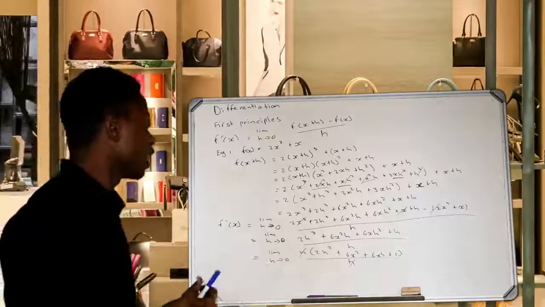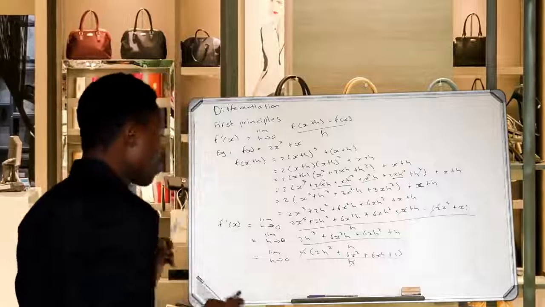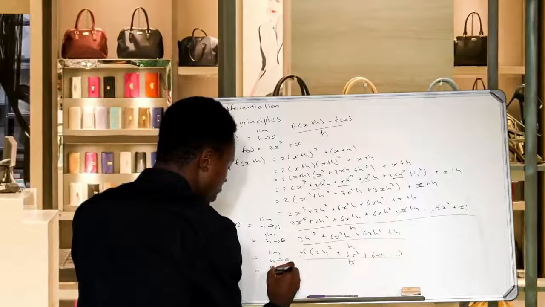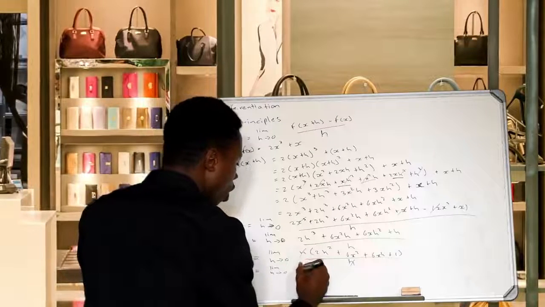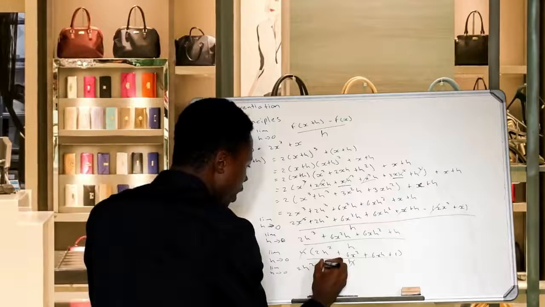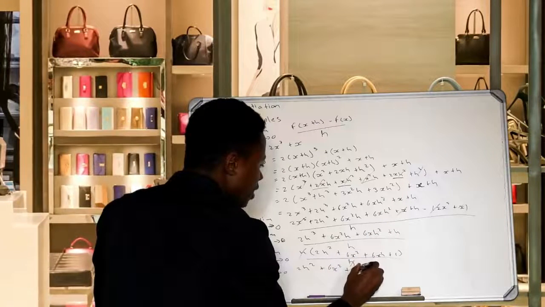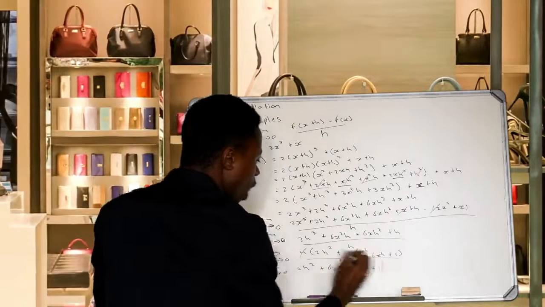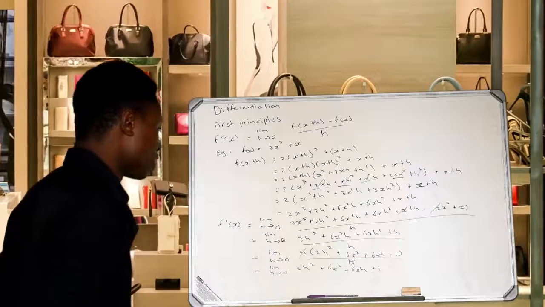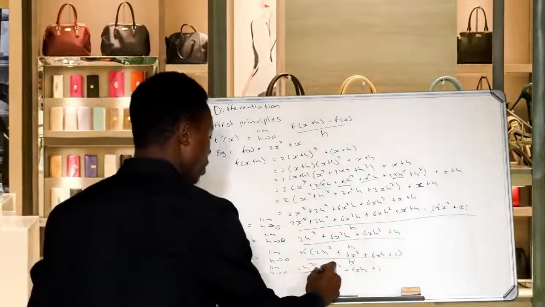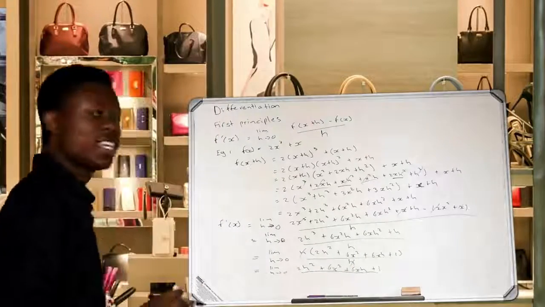I'm just left with that term over there. So let's write what that term is, which is equal to the limit as h approaches 0 of 2h squared plus 6x squared plus 6xh plus 1. This is what I'm left with. That's the only thing that's left.